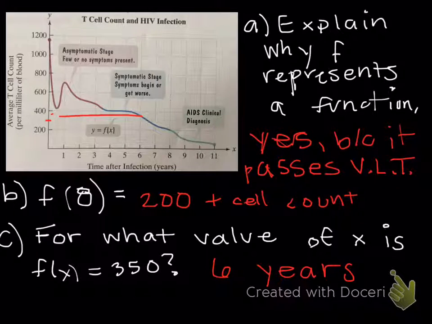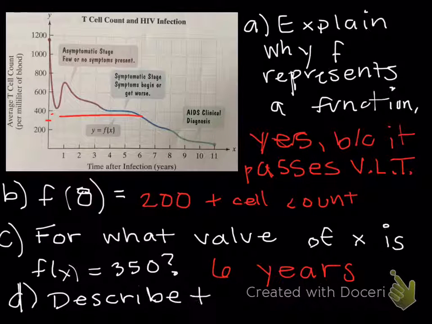And lastly, letter D, they want you to describe the general trend from the graph. So describe the general trend.